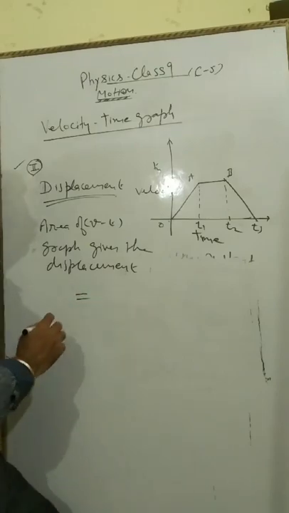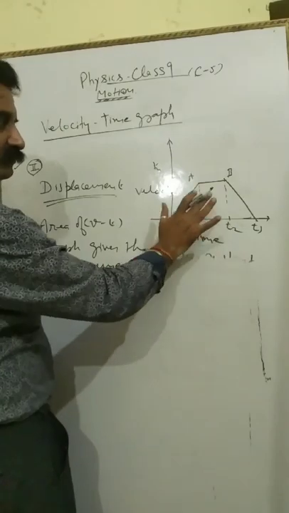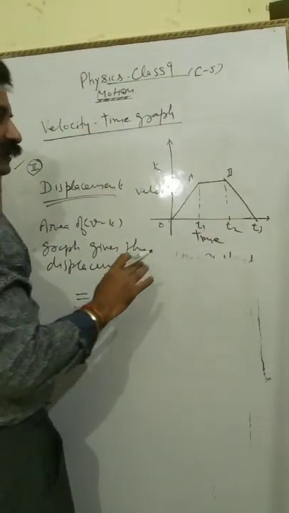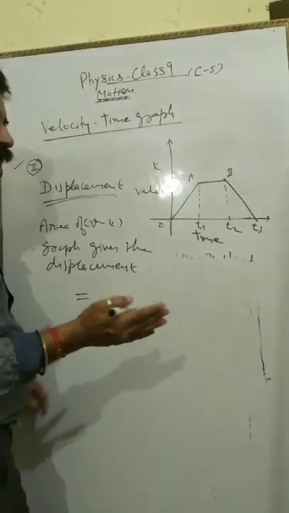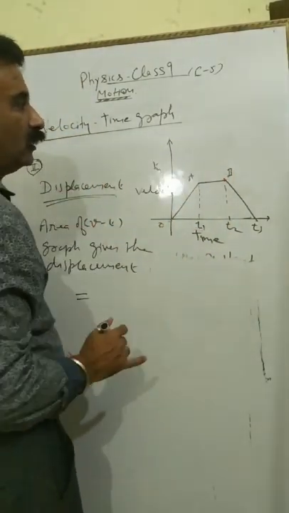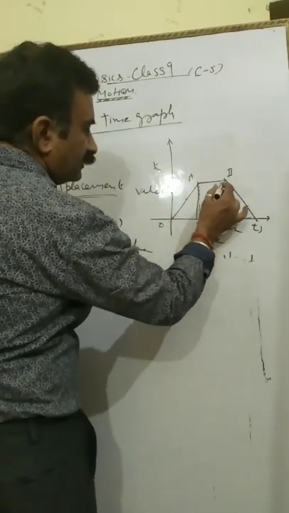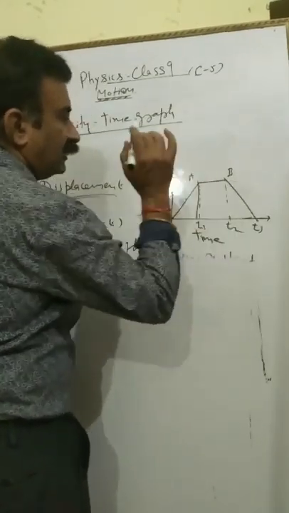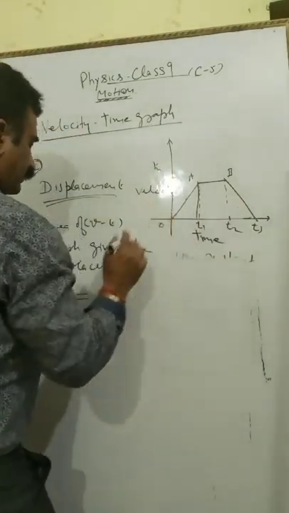How will you find the displacement? If you have the same graph, then it is a trapezium. I will write the area of the trapezium, or you can take the area of this triangle, then this rectangle, and the last part, the triangle.